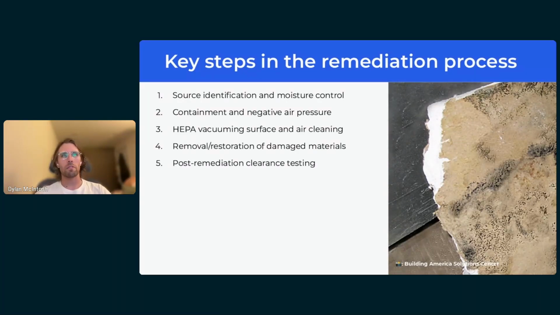Typically, post-remediation verification testing relies on very detailed visual inspection of the work area and adjacent areas, and sampling of some sort. This should happen prior to building the area back, while the area has been opened up and materials have been removed but not replaced yet.